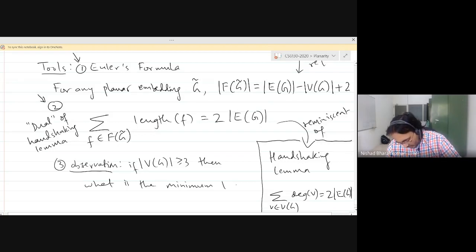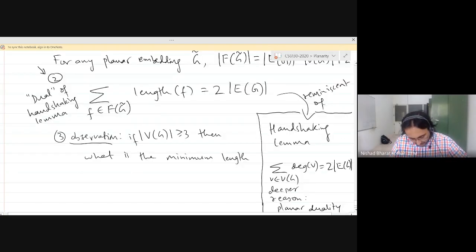Remember, the graph is also simple. What is the minimum length of a face? Anyone?